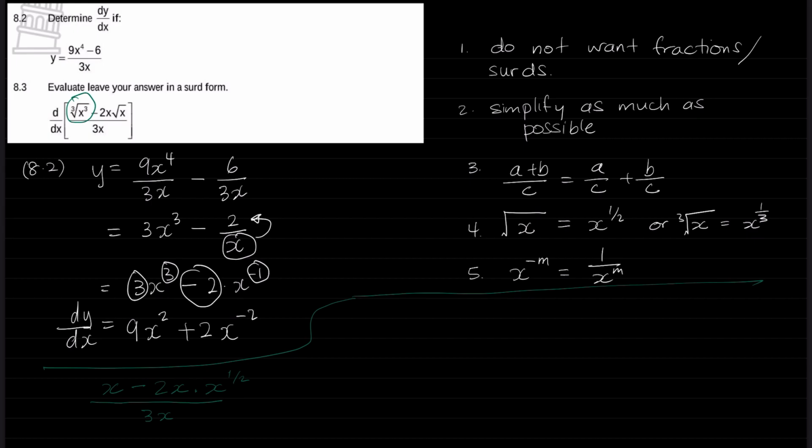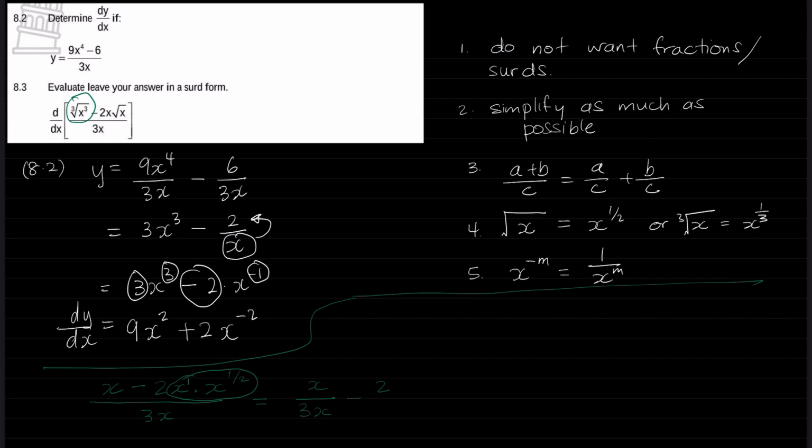Now we have fractions. We can split this fraction because there's one term in the denominator. So that can be rewritten as x over 3x, and then minus 2 times x to the power of 1 plus half over 3x. Now let's simplify this while we're at it. Remember our exponent laws: when you're multiplying and the bases are the same, you add the exponents.